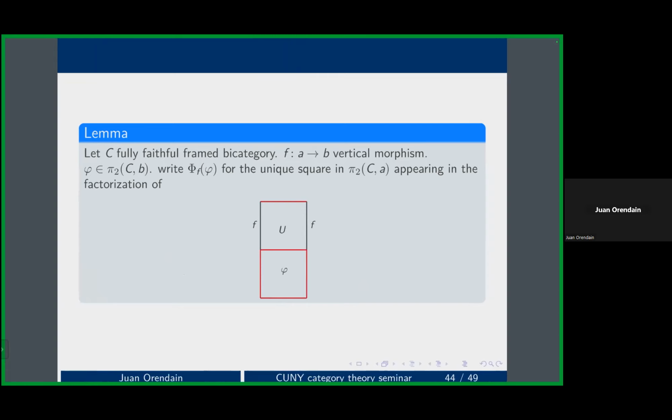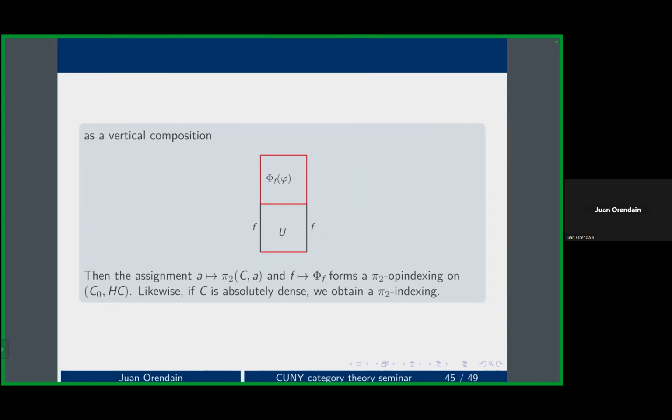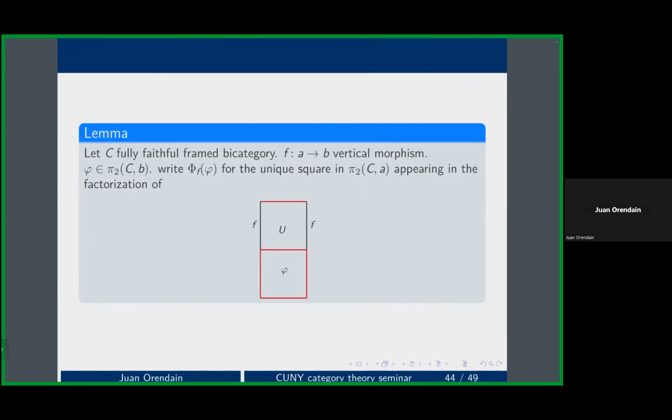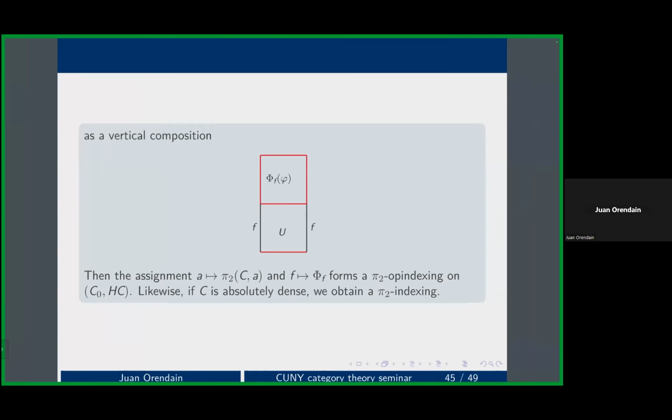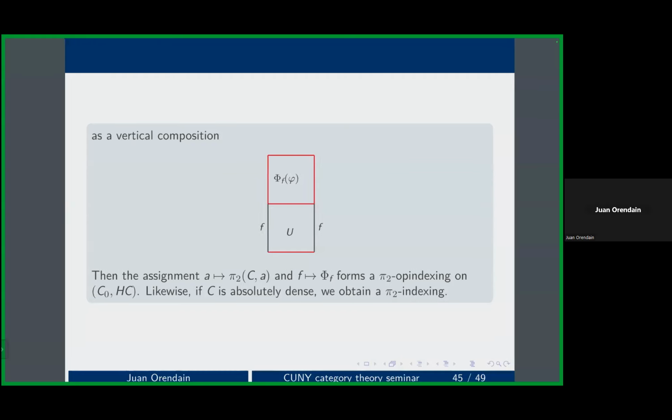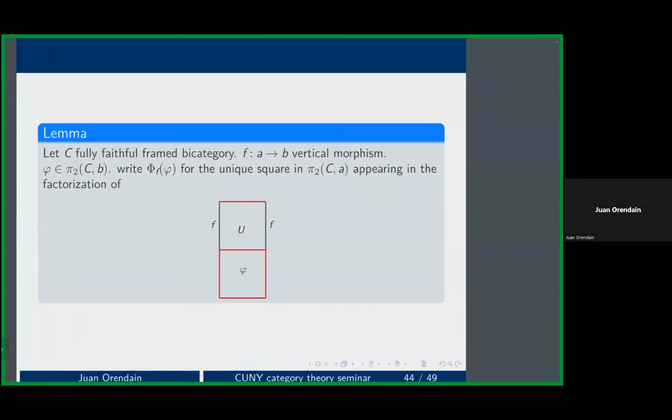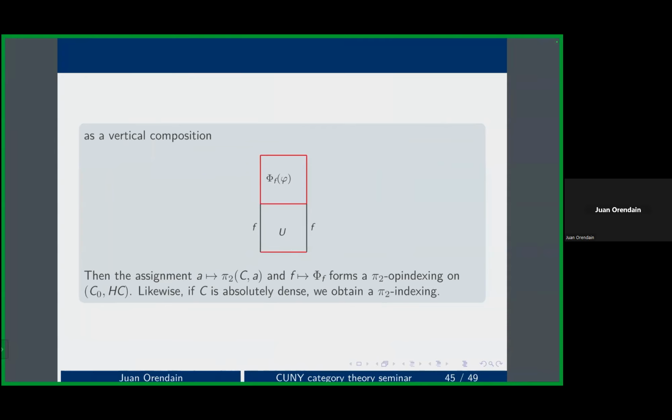So for every red boundary square on B, where F is a morphism from A to B, we can associate a new red boundary square on A, the domain of F. And so we showed that this assignment, which associates to every object in the decorated horizontalization of C its pi2 commutative monoid in A, and to every morphism F the function that associates to every red boundary square the top red boundary square given by the Cartesian decomposition, is a pi2 indexing.